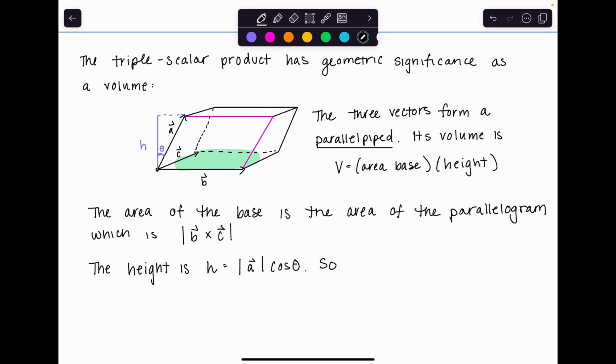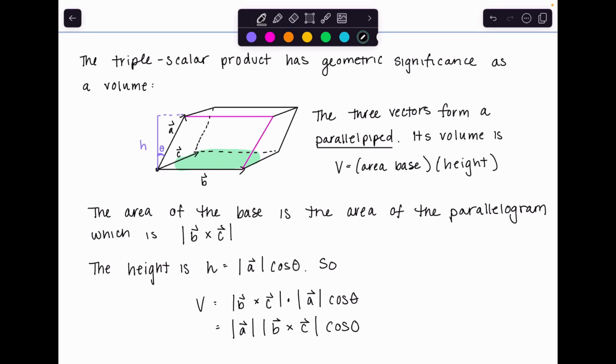So ultimately what happens is our volume is going to be area of the base times the height. Okay, and then I'm just going to rearrange this. I'm going to put the A out front. And then if you notice this formula, you've got a magnitude, cosine of theta. And the other thing I'm going to do, because we want this height to be positive, we're going to assume that this makes it positive.